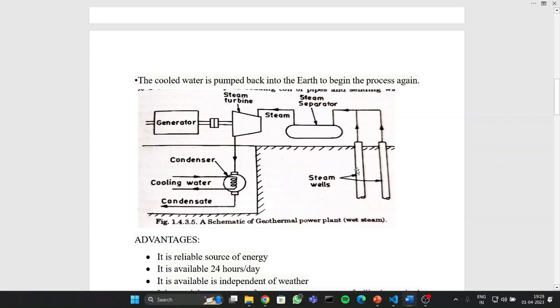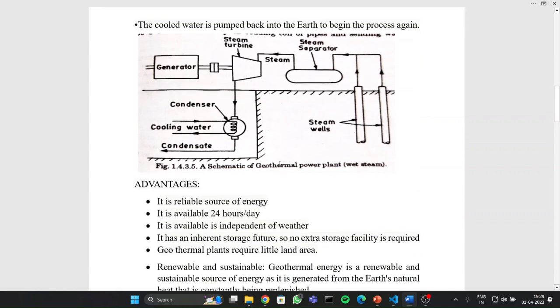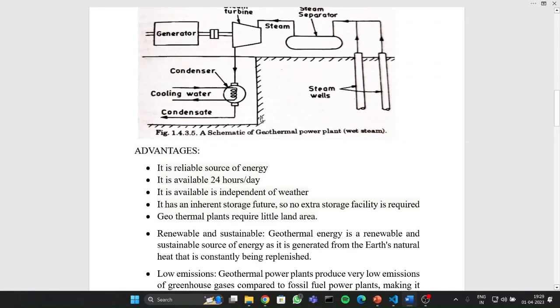So these are the steam wells that could be of 1 meter in diameter and go up to 2 kilometers deep in the Earth's surface. And the generator is connected to the steam turbine which runs from the high density of steam. So the steam turbine is connected to the generator, which generates the electricity. That is the main objective of this model.